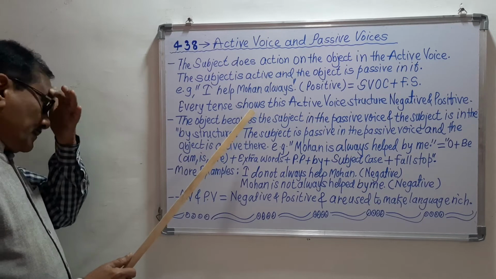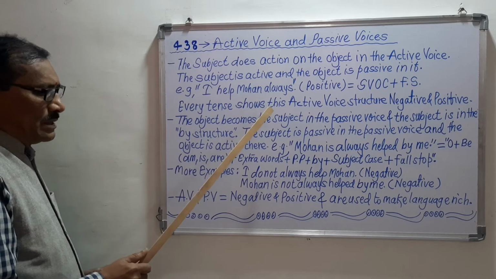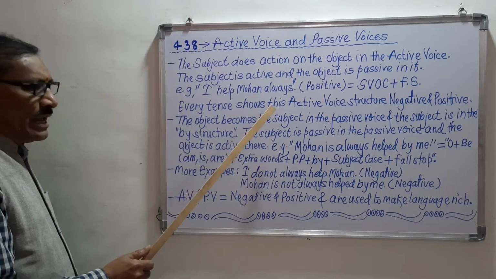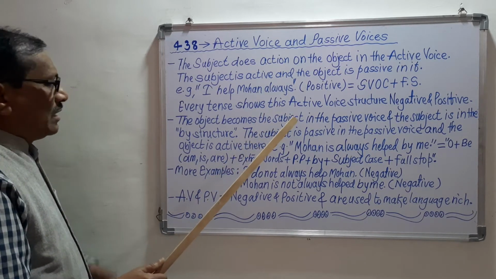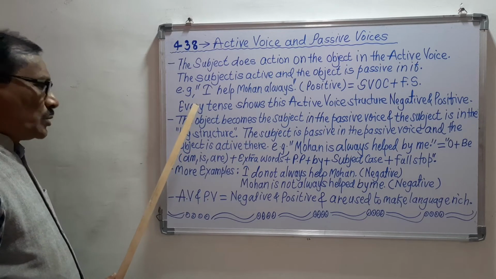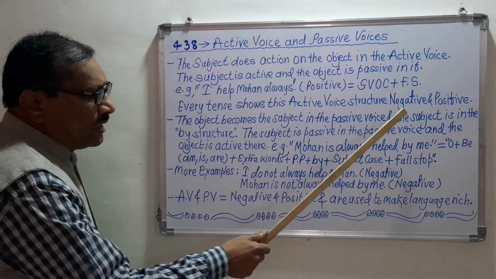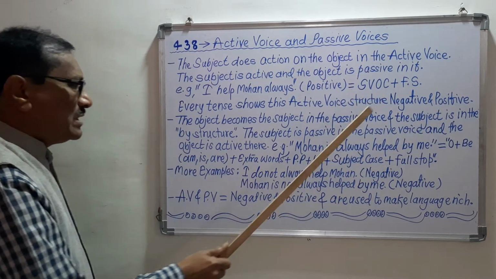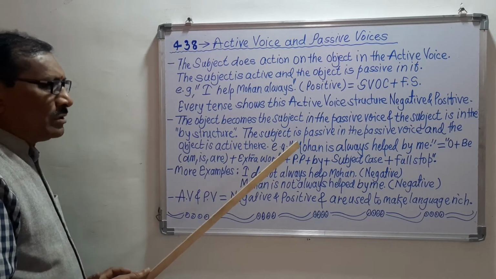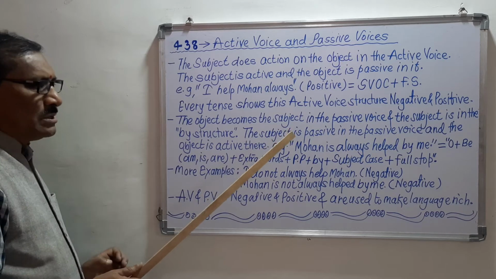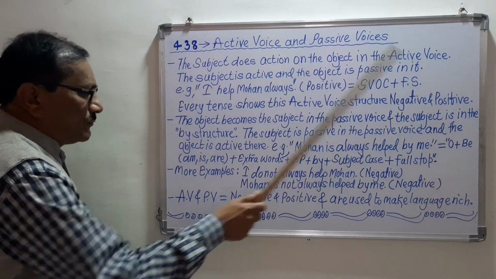But there are only 9 tenses in which we can make the active voice and passive voice. We will discuss all this video by video. Every one of the 9 tenses has active voice structures, negative and positive.